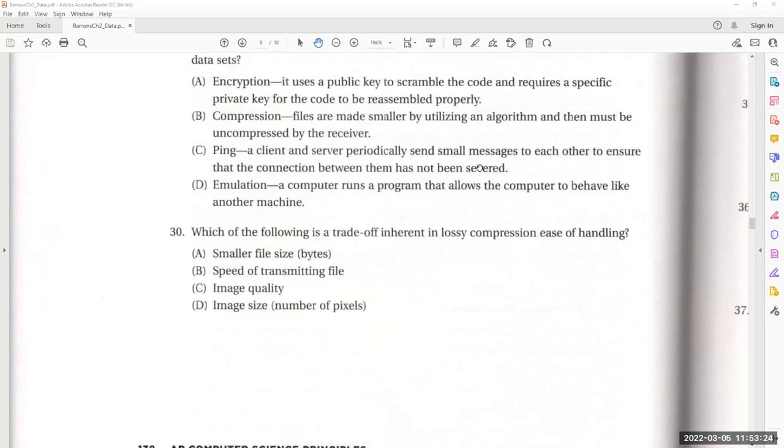Okay, 30 for Trista Jin, okay. Lossy. Lossy is actually what you give up, what you trade off.